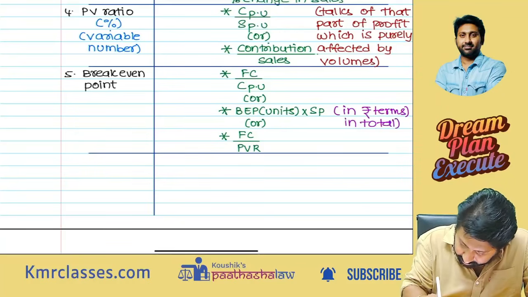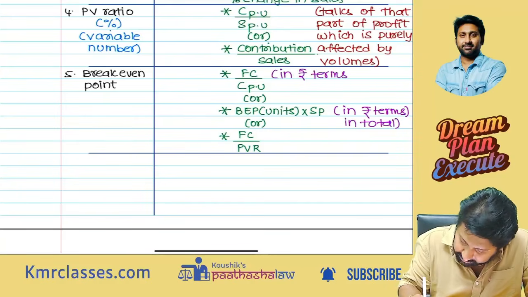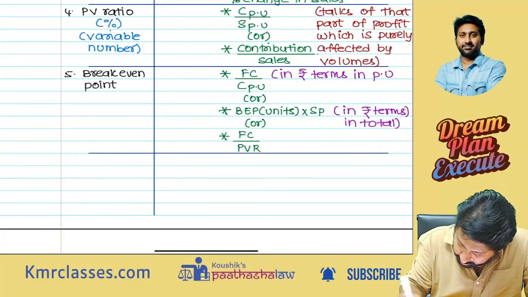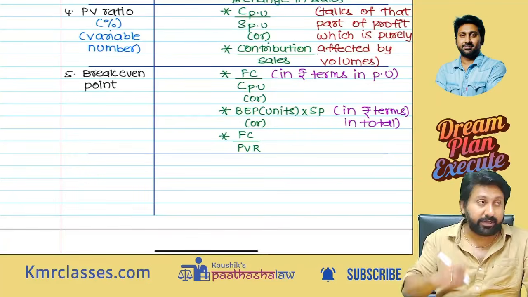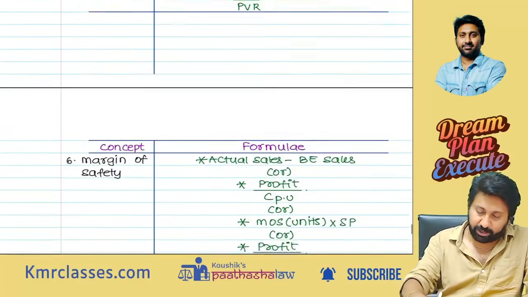In total, in rupee terms. In per unit, or fixed cost by PV ratio. Like that also you can do.